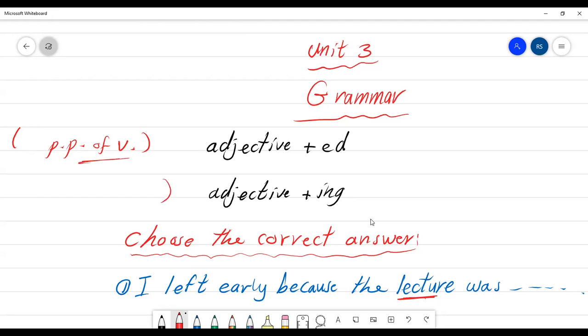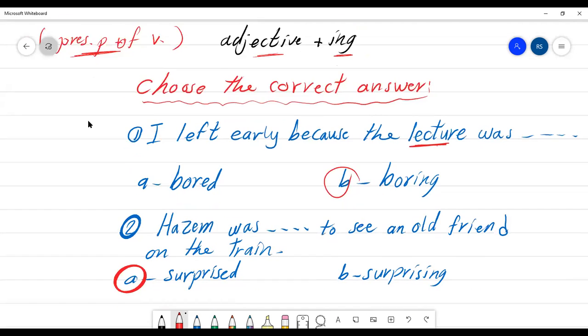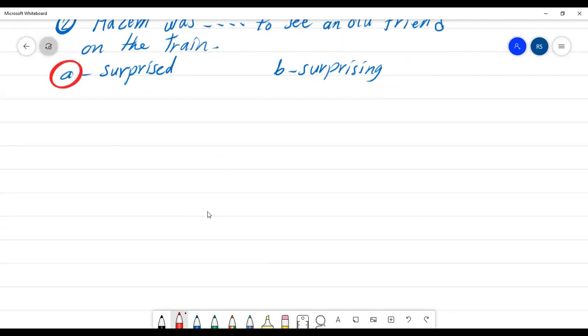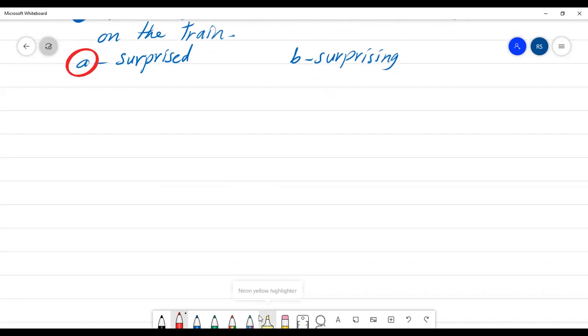Adjective plus ing means the present participle of the verb. So past participle of verb, adjective plus ed. Present participle of verb, adjective plus ing.